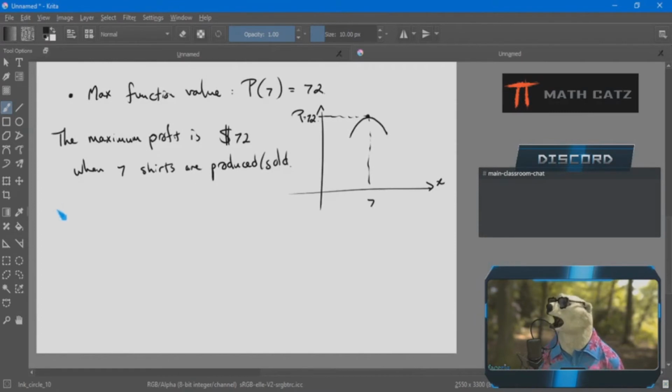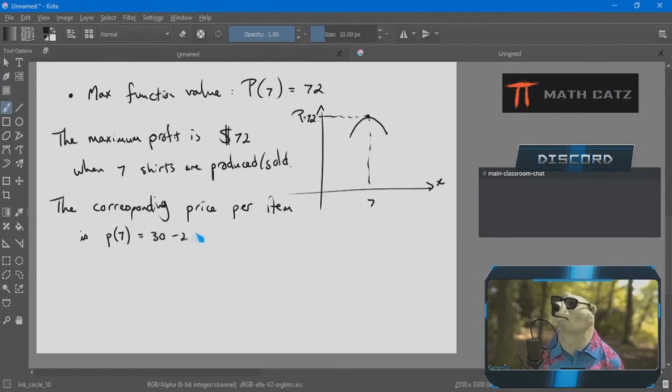So my corresponding price per item, t-shirt, is given by little p of 7.